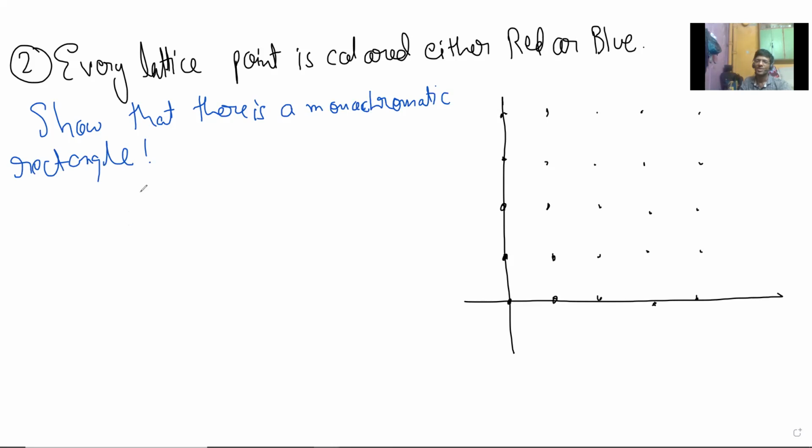Monochromatic rectangle means that all four vertices of the rectangle will be of the same color. I'm not coloring it now. So no matter how it is colored, you want to show that there is a monochromatic rectangle.